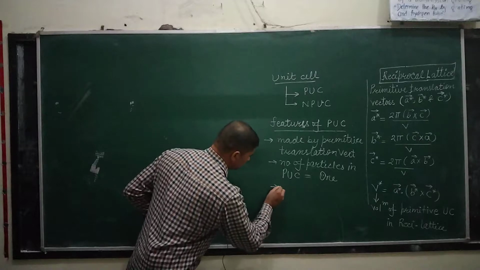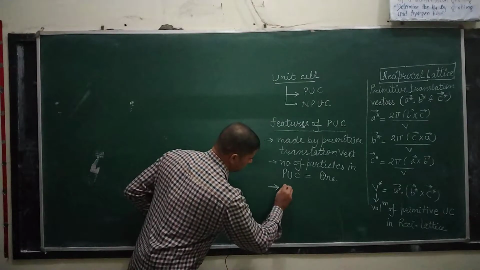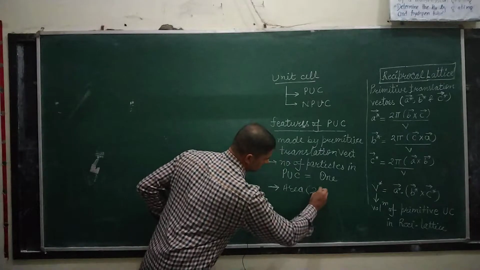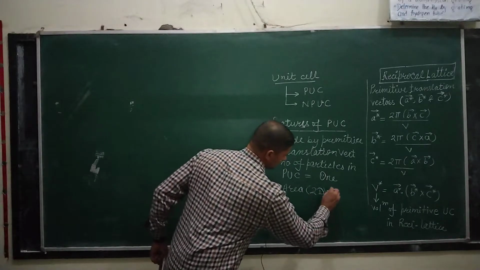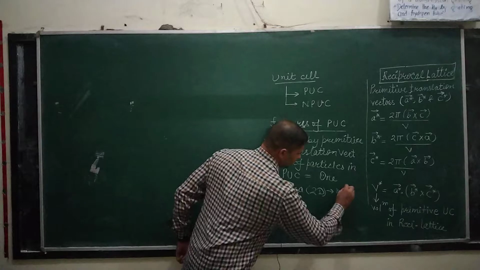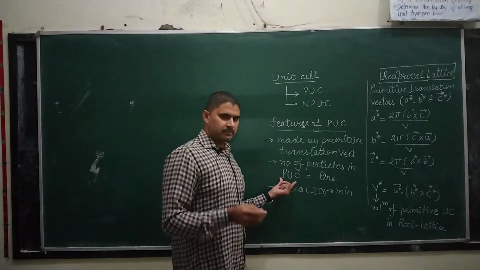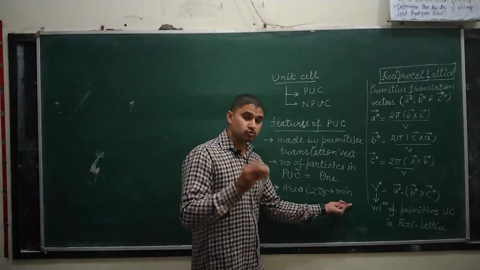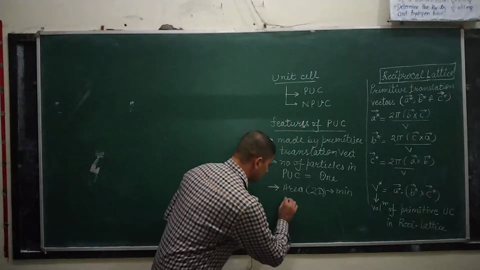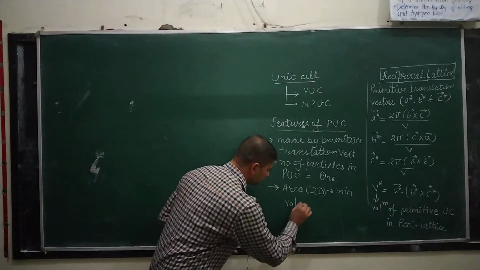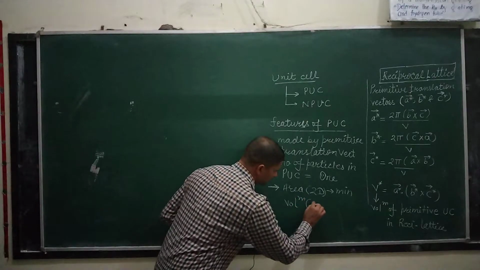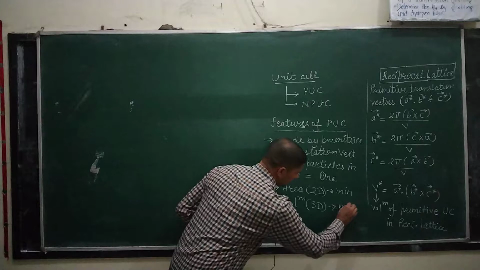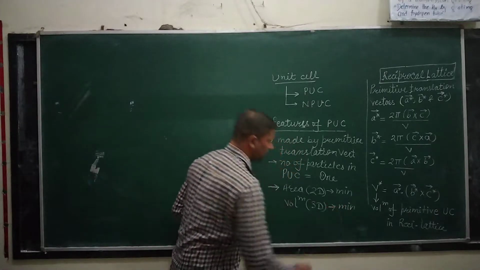The third point is the area: in 2D, the area occupied by a primitive unit cell should be minimum. And if we talk of 3D, then the volume occupied by a primitive unit cell must be minimum.